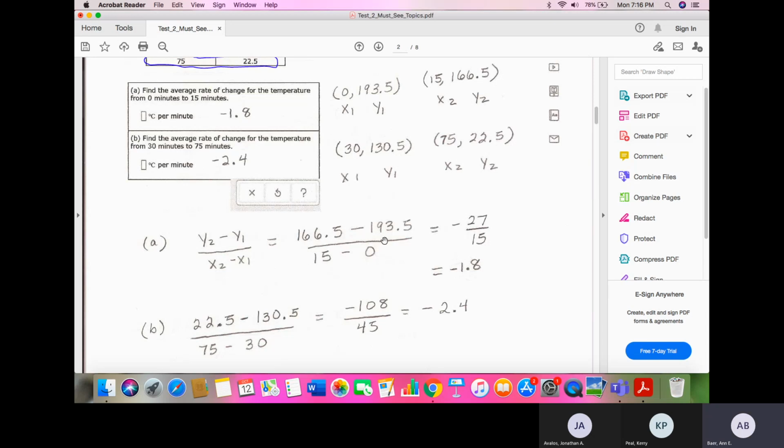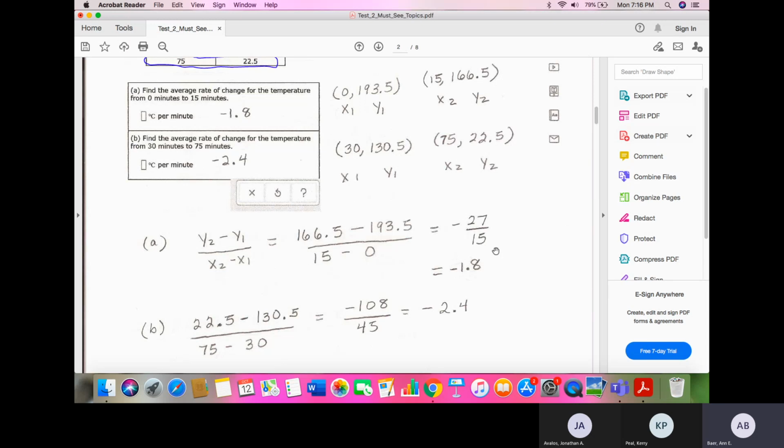Grab the calculator, especially for the numerator, 166.5 minus 193.5. And I get negative 27 in the numerator. And in the denominator, we have 15 minus 0, which is 15. So now they want a decimal representation here.